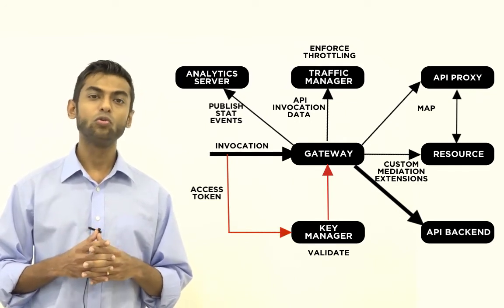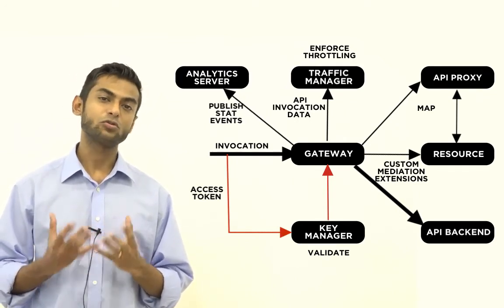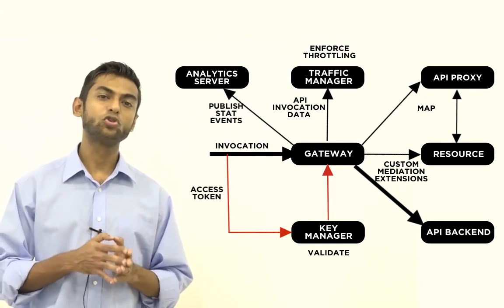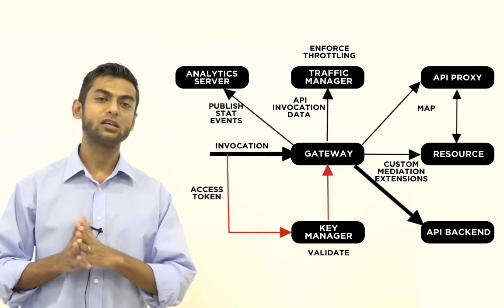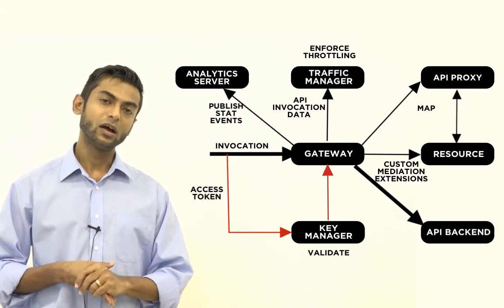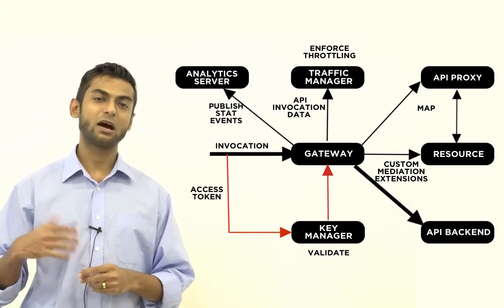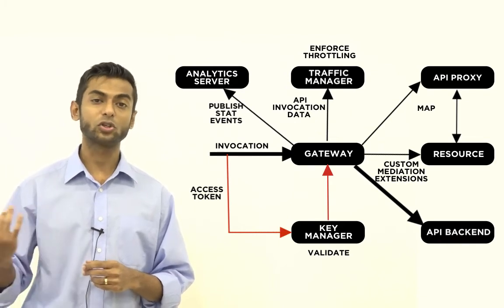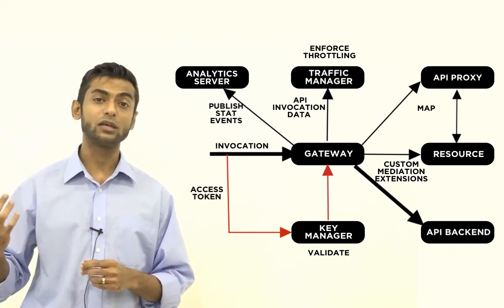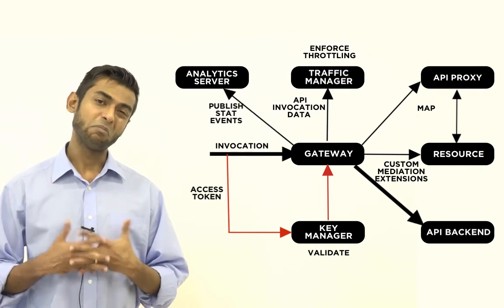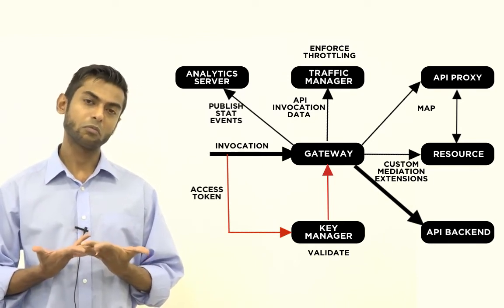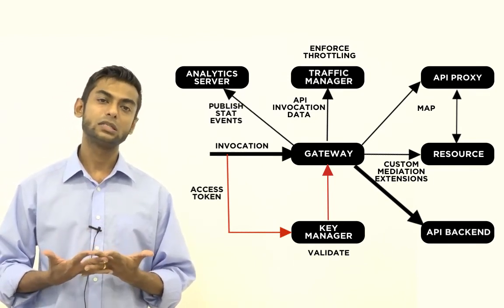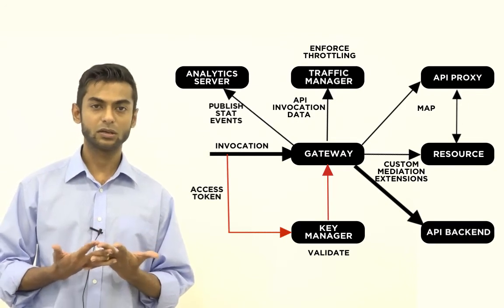To cater to that requirement, you can choose to have the cache in the key manager, which provides some kind of performance boost because it does not have to query the database. By default, with the product, it is the gateway cache that is enabled.